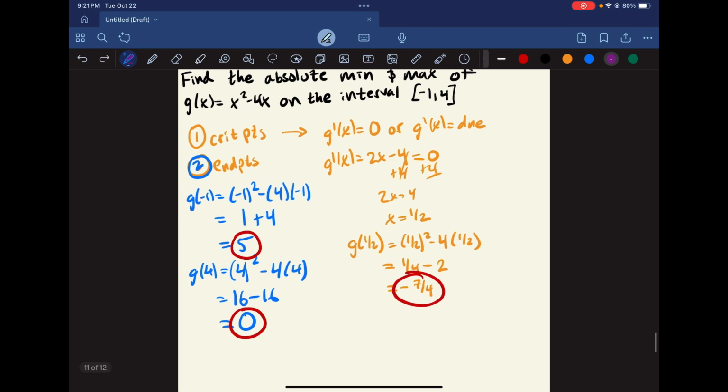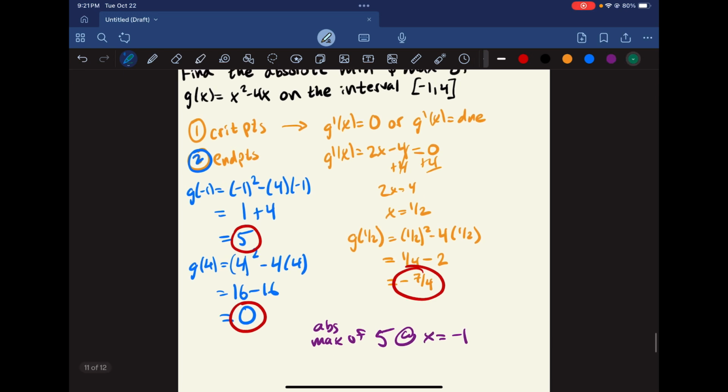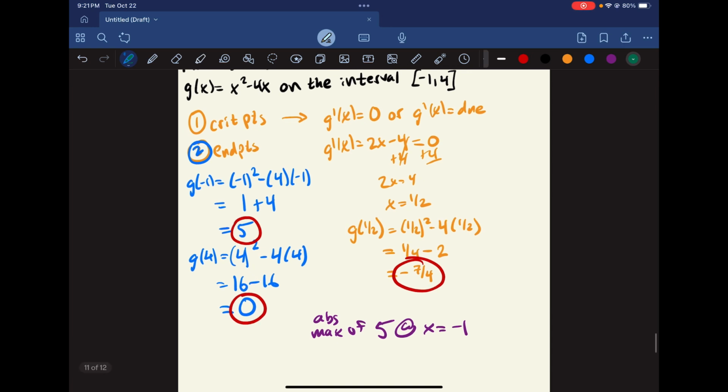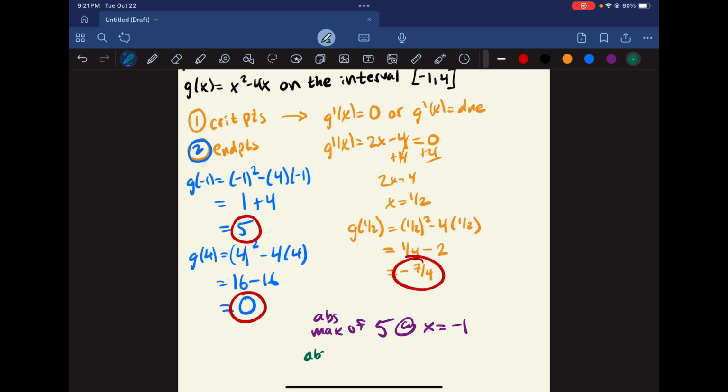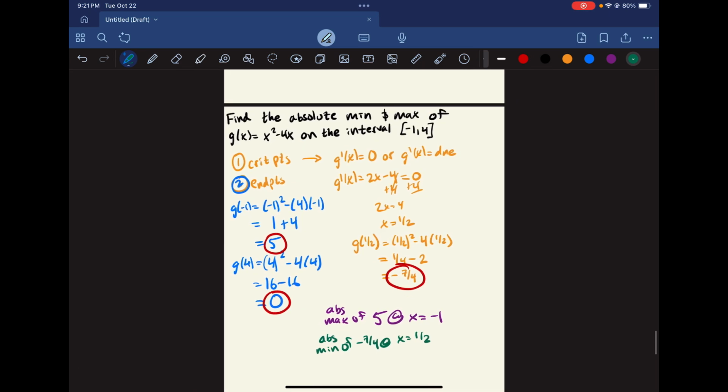So we would say absolute max of 5 at x equals -1. And then for the min, we would take whichever of these has the lowest value, which is going to be that -7/4. And then we would say that we have an absolute min of -7/4 at x equals 1/2. So that would be our final answer there.